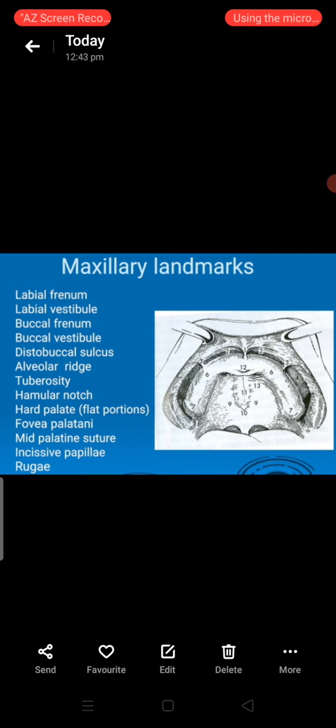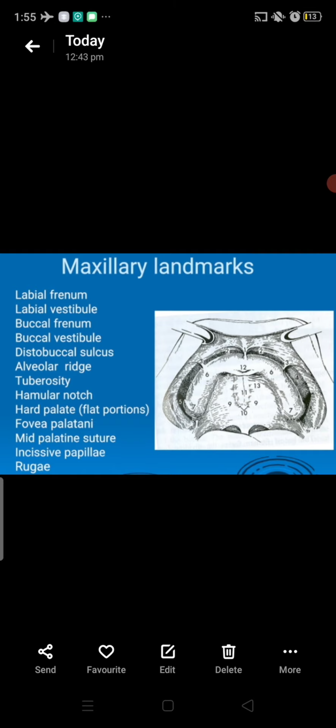In number 1 there is the labial frenum. In number 2 there is the labial vestibule, and number 3 is the buccal frenum. In number 4 there is the buccal vestibule, in number 5 the distobuccal sulcus, and in number 6 the alveolar ridge.